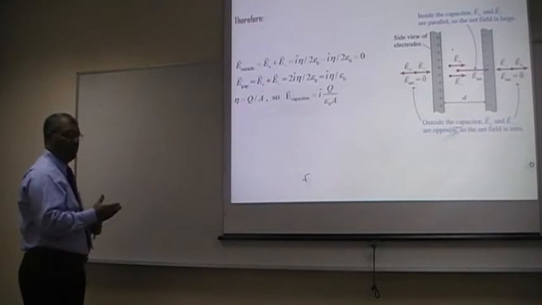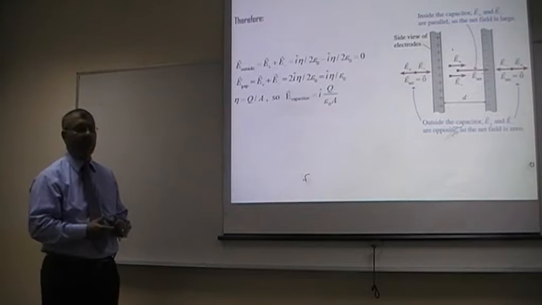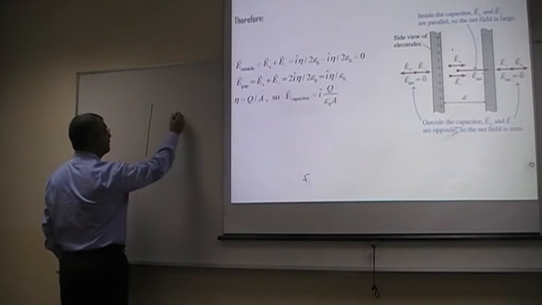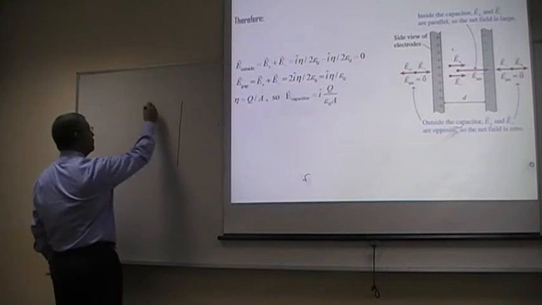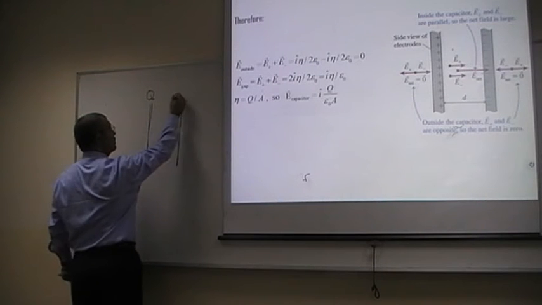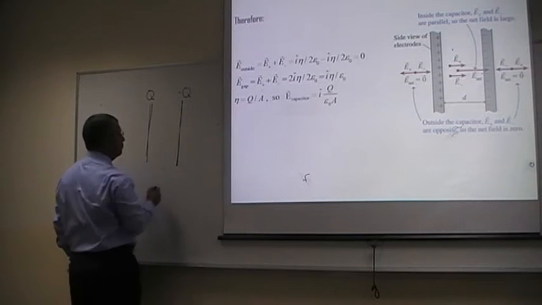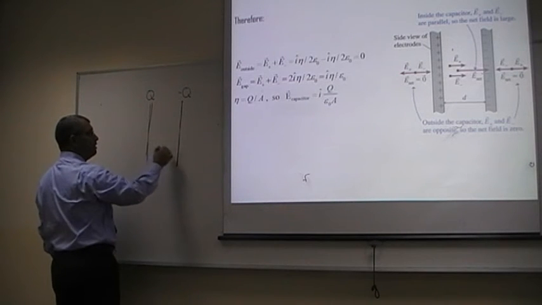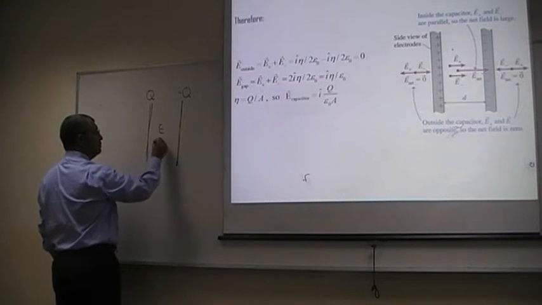I'm going to write this, I think I wrote it a number of times, and I will write it again. Once you have your parallel plate capacitor set up, this is with charge Q, and this is with charge minus Q. And we said that you're away from the edges, so you're somewhere where the electric field is uniform.